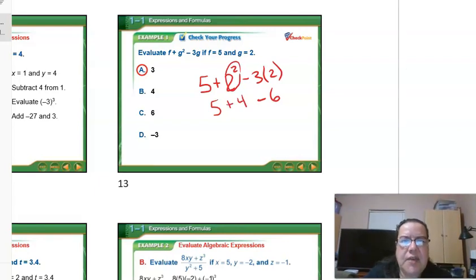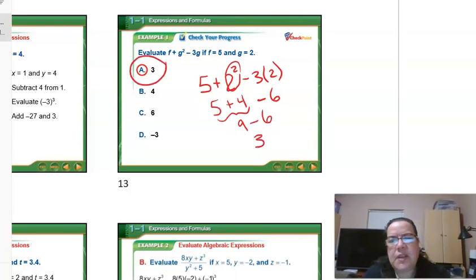So this is what I have. Now, according to PEMDAS, I could just do the addition and subtraction because that's all I have left. Let's start here. I could go from left to right. 5 plus 4 is 9, and I have subtract 6. So when I take 9 minus 6, I get the number 3, and therefore letter A is your answer.